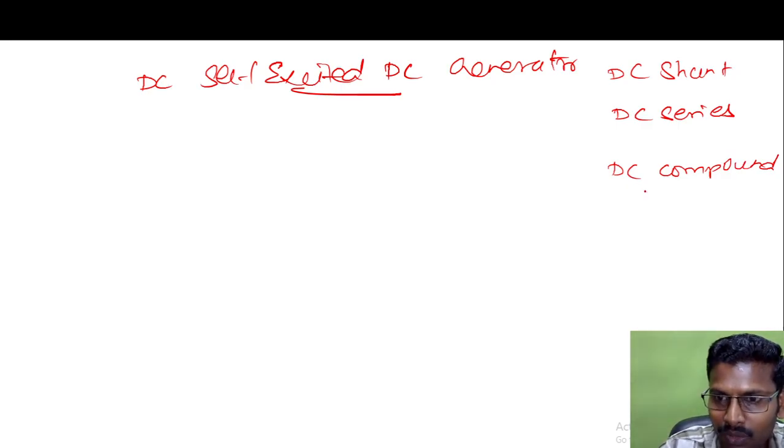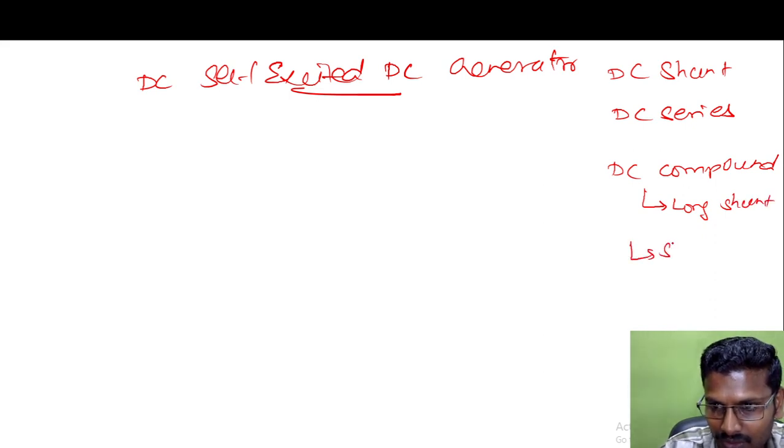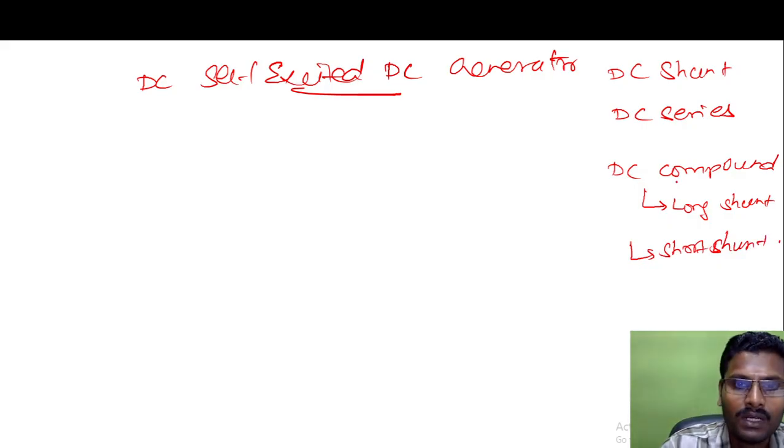The DC compound is again classified into two types. One is long shunt, the other one is short shunt, right? So now we will see the operation of DC shunt generator with the help of circuit diagram.